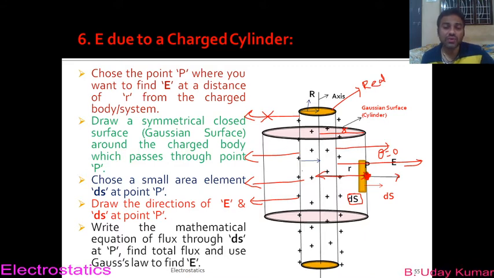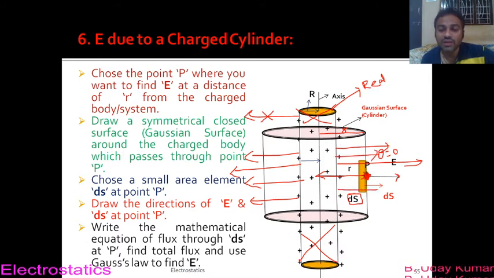That means we only consider the charge that is present within this cylinder, not the charge that is present outside the Gaussian cylinder. So you can forget about the upper part and lower part of the charged cylinder, because they are not contributing any electric flux to the Gaussian cylinder. Now, as you know, the electric flux will be directed outwards from the charged cylinder.